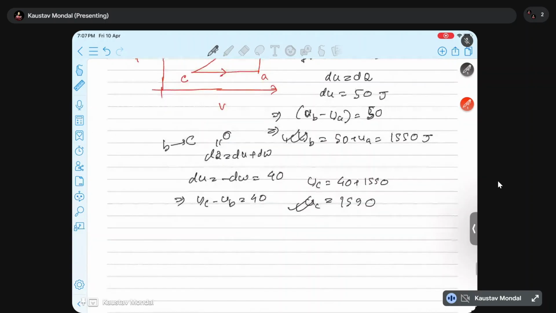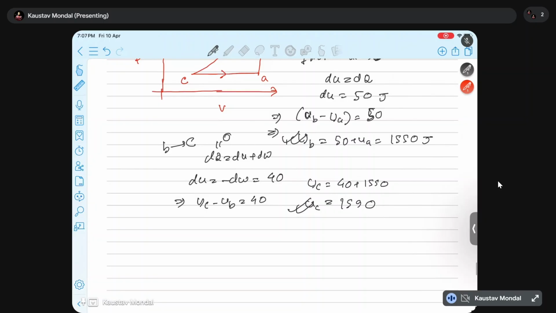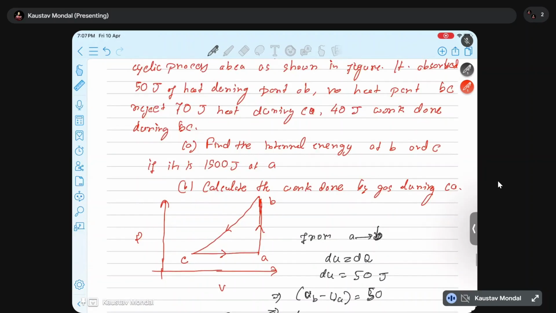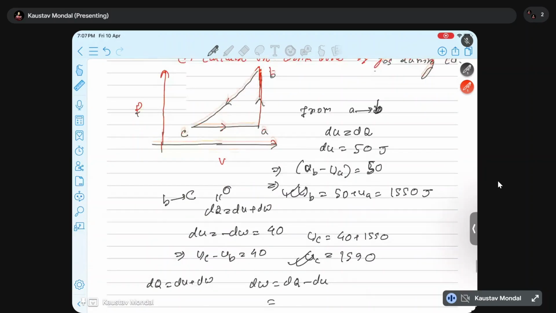So in that case, the work done we have to calculate. We know dQ equals dU plus dW, so dW is basically dQ minus dU. During this CA process, the dQ is 40 joule, right?